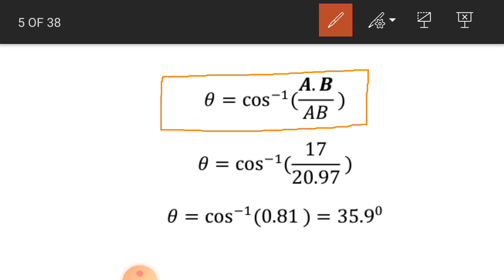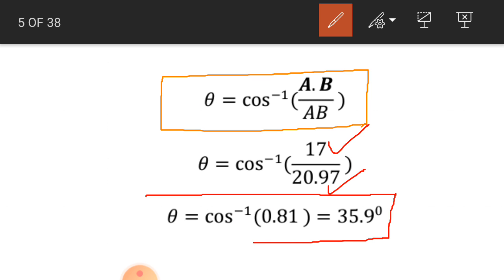So we know that A dot B results in 17, and the magnitude of A into the magnitude of B results in 20.97. We simplify this equation, and this equation results in the angle between the two vectors A and B, and the angle between these two vectors is 35.9 degrees.